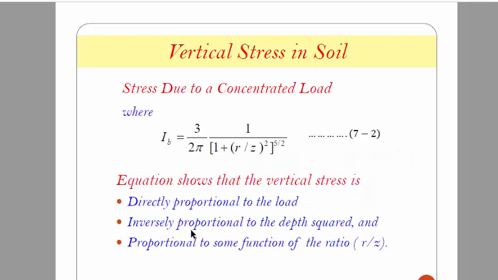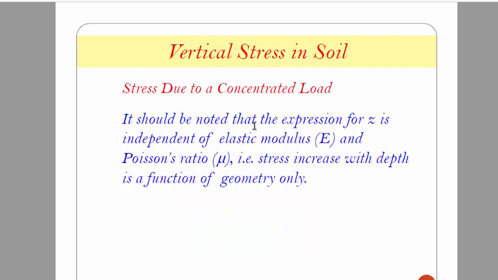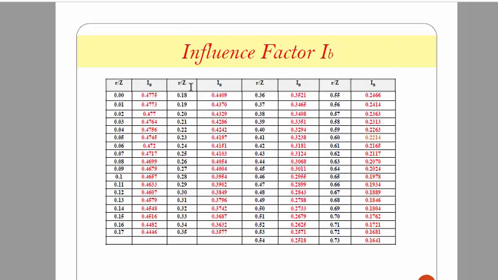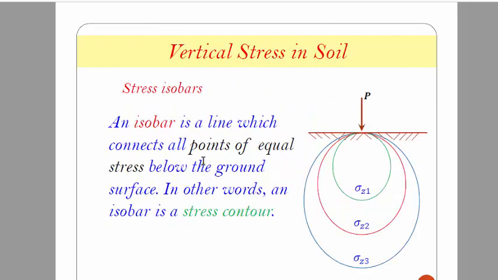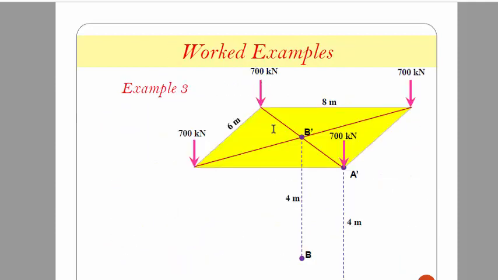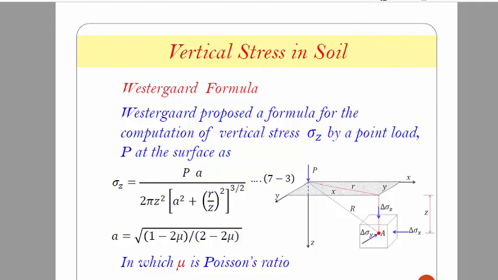IB is the influence factor, which is a function of r by z. So calculate the r by z value, find the influence factor, take the load P coming from the top and the depth z square, and calculate the vertical stress due to the point load in the Boussinesq formula. We worked an example in the last class.